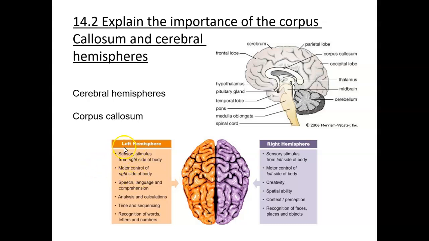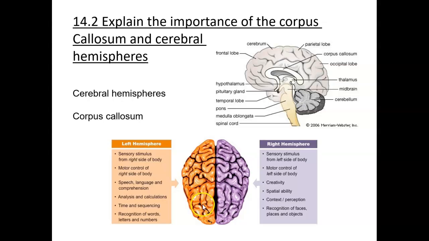One of the kind of odd things about it is that sensory stimulus from the right side of the body is interpreted in the occipital lobe on the left side of the brain.